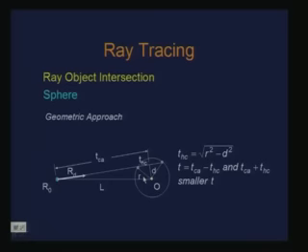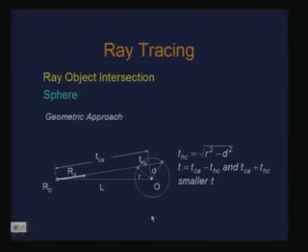You can also do the same computation which we did algebraically, by substituting the ray's equation into the sphere's equation and solving for t. You can also do that in geometric form, using geometry. So, this is the sphere ray intersection.